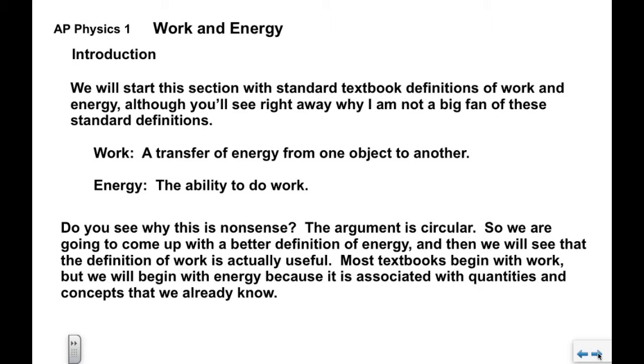We're going to come up with a better definition of energy, and then we're going to see that with this better definition of energy, the definition of work actually becomes fairly useful. Most textbooks begin with work, but we're going to begin with energy because it's associated with quantities and concepts that we're already familiar with.